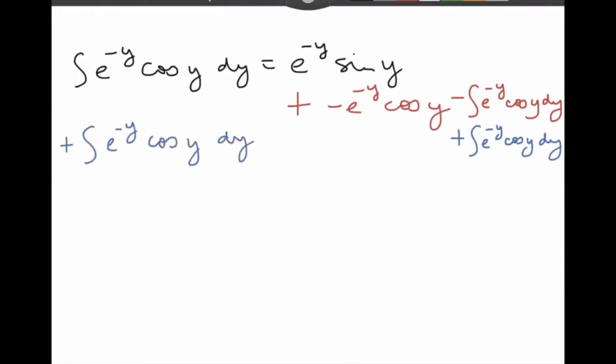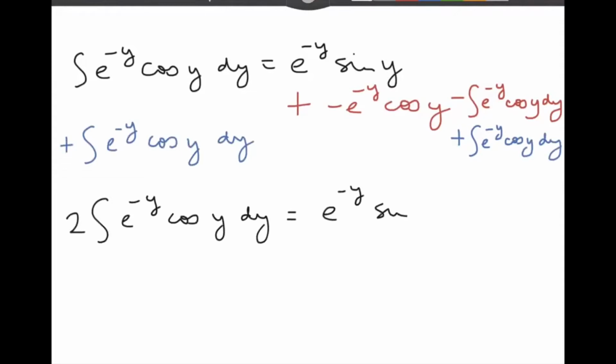And look what I end up with. On the left-hand side, I get 2 times that mystery integral equals term. Okay, and now I'll drop this extra plus sign and just write minus e to the negative y cosine y.